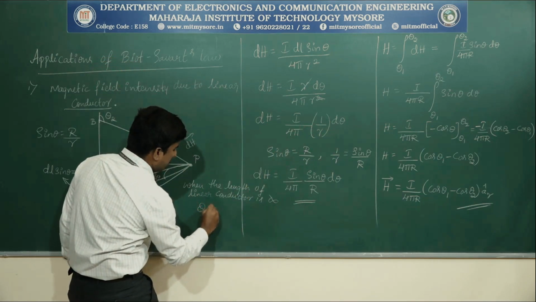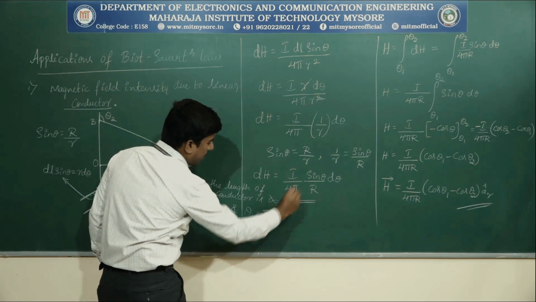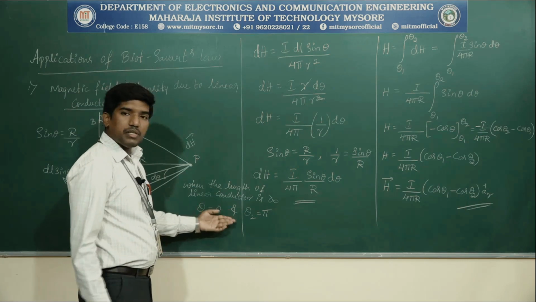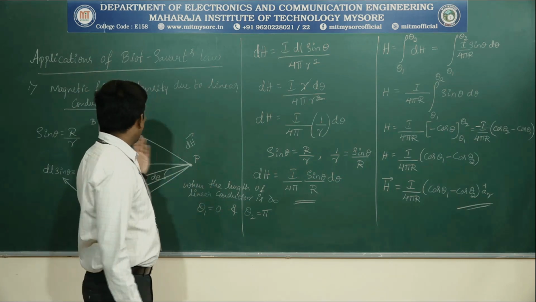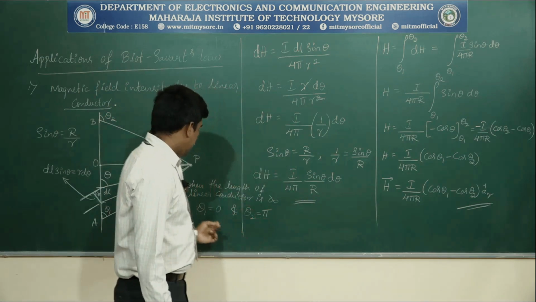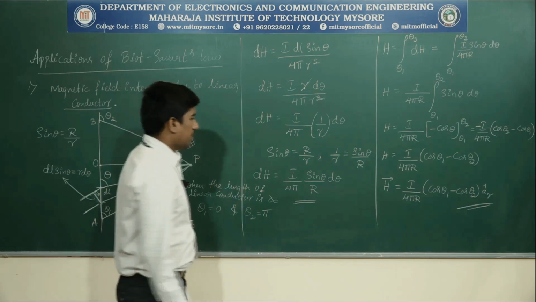Then theta 1 is equal to 0 and theta 2 is equal to pi. This is the limiting condition, this is the special case. When the length of the linear conductor becomes infinity, theta 1 is 0 and theta 2 is pi.